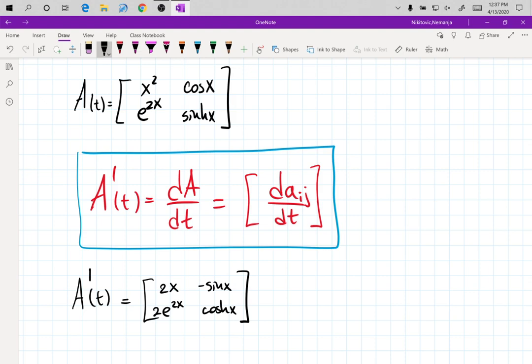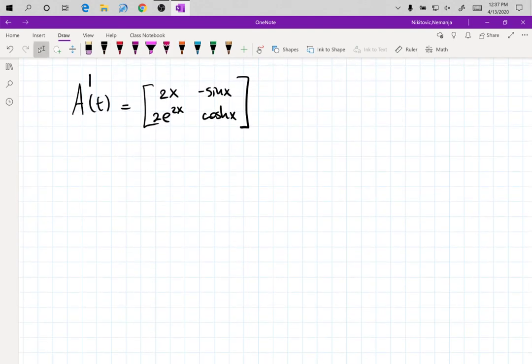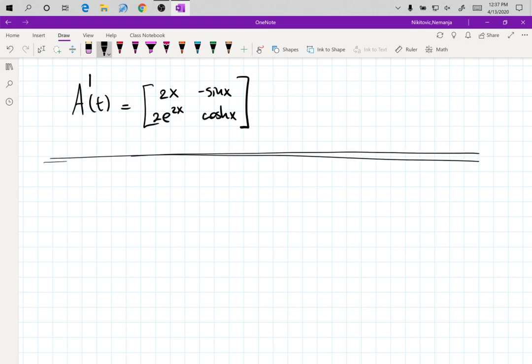And that allows us to introduce derivatives into functions which are in matrices, which allows us to start writing the systems from before as matrices, so that we can eventually reduce them into matrices and use matrices to solve systems that have a lot of rows and a lot of different unknown functions.